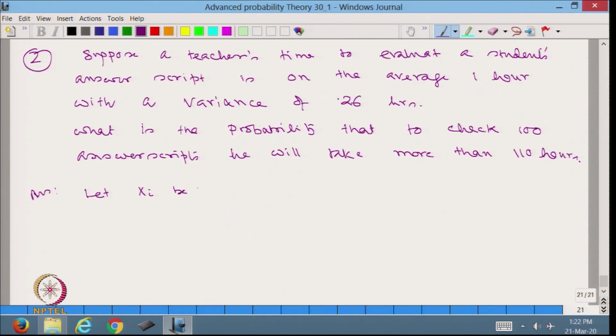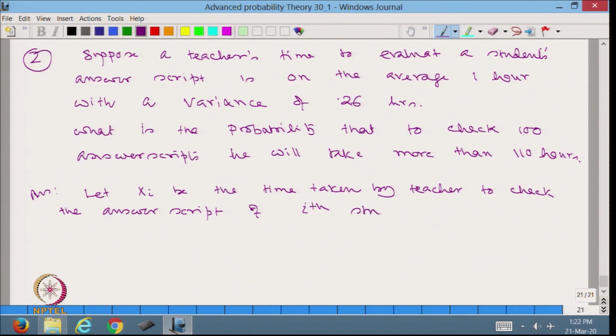Answer: let Xi be the time taken by the teacher to check the answer script of the ith student.